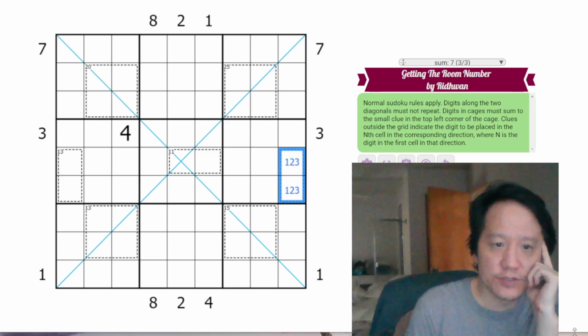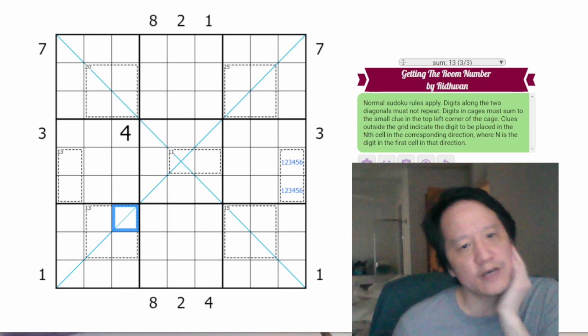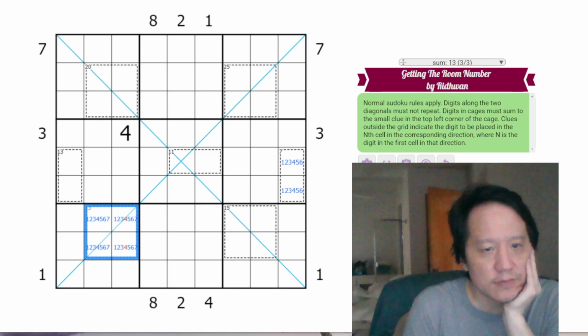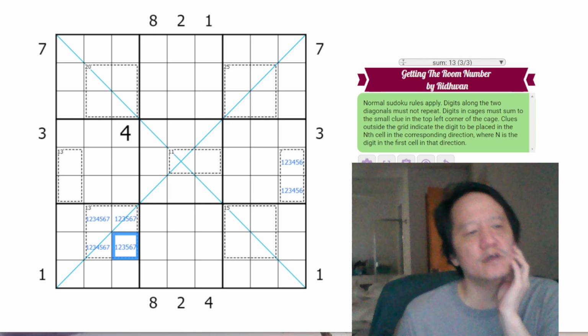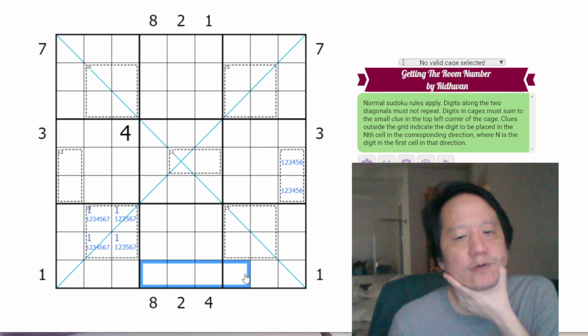This is 1 through 6. 13 can be 1, 2, 3, 7 at most. So this is 1 through 7. Can it be non-1? It would be 2, 3, 4, so no. So the 1 has to be here, which means the 1 can be somewhere along here.